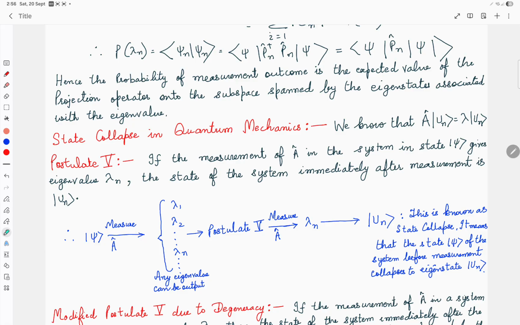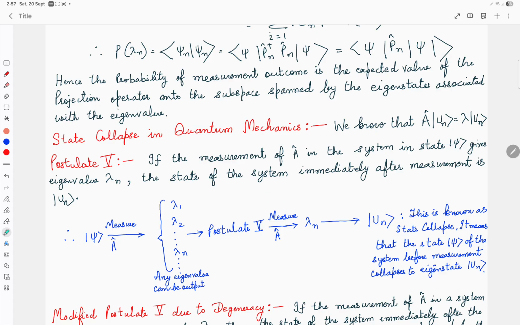Once you get the measurement outcome, which is one of the eigenvalues of this operator, the state of the system will be the eigenvector corresponding to this eigenvalue, which will be ket un. Therefore the state ket psi, which is the quantum superposition state, will collapse to the eigenstate ket un.